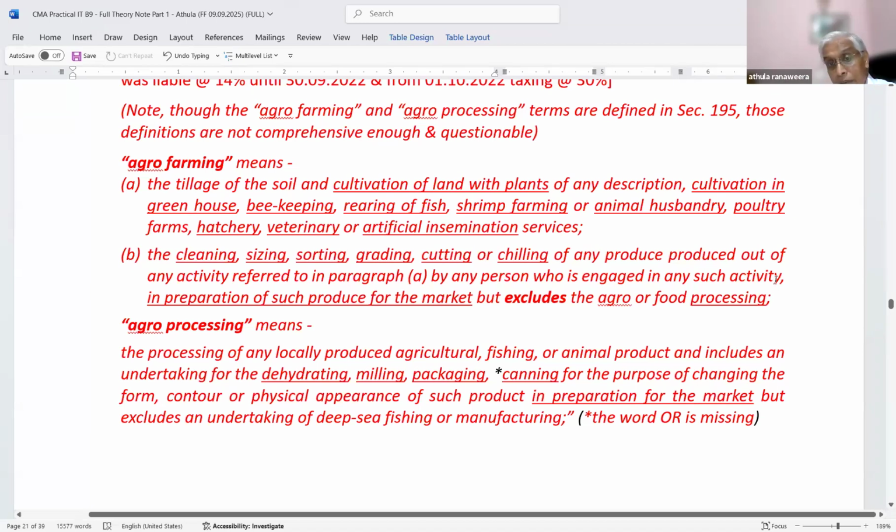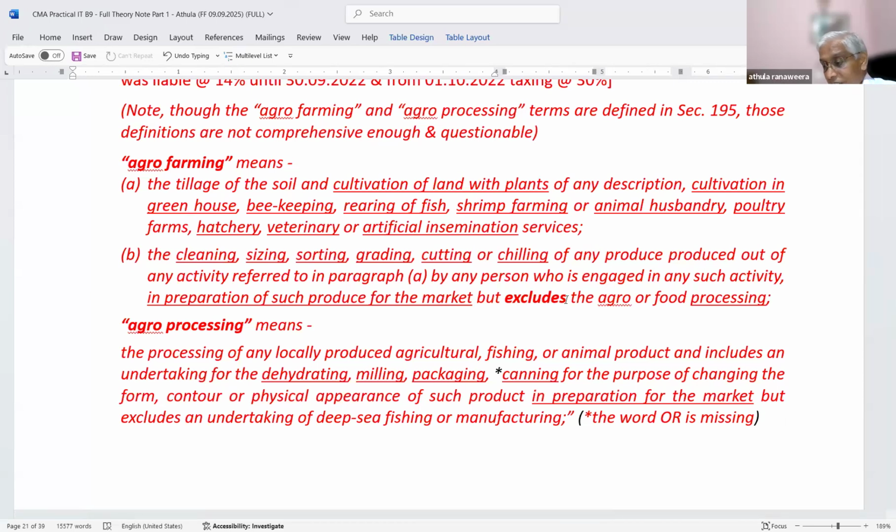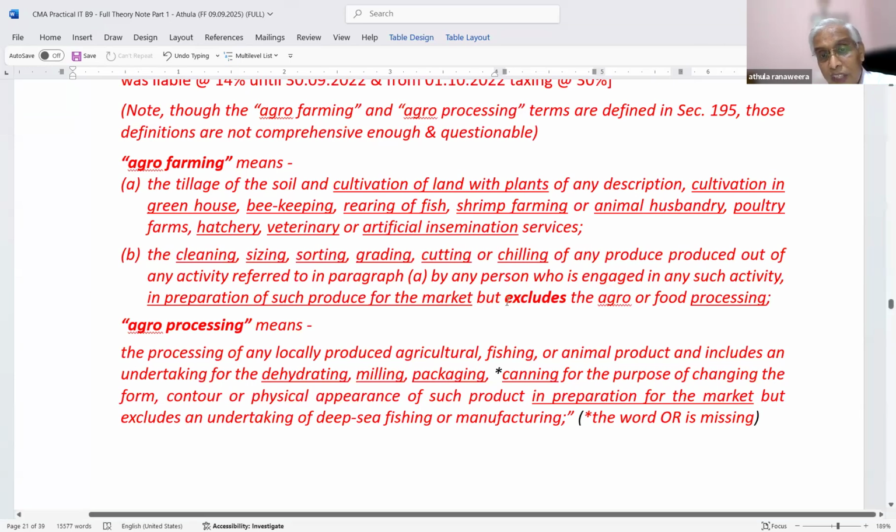Now here what has happened, as you know, our tax officials, their thinking pattern, the scope is very limited. They don't think about the substance of this transaction. Therefore, they highlighted this excludes agro or food processing.